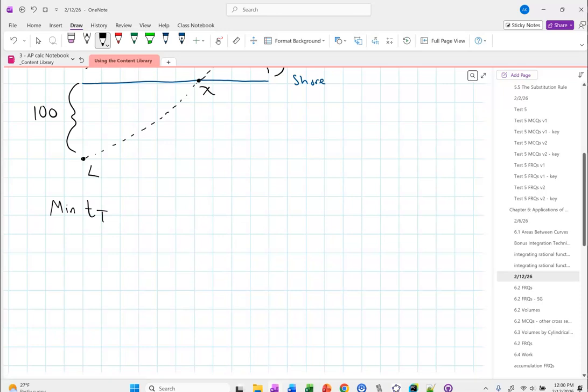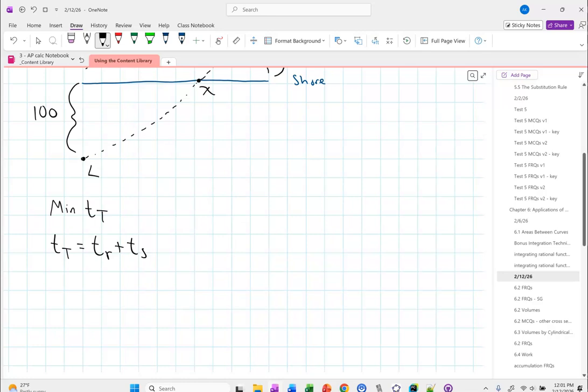So in this problem, we have some distances, the lifeguard is going to run, and we have some rates at which they can travel. We can run 6 meters per second and swim 2 meters per second. So our total time is just going to be our run time plus our swim time, right? Everybody feel okay there?